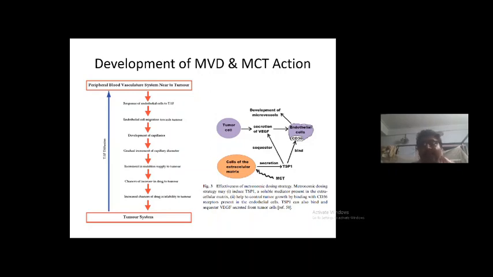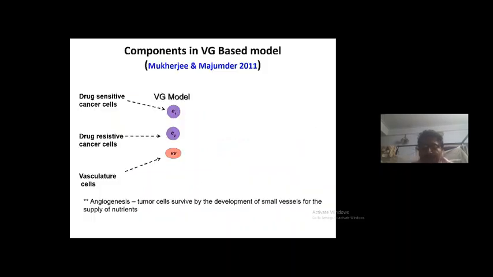This binding causes suppression of endothelial cell growth. Moreover, TSP1 also sequesters the VEGF, vascular endothelial growth factor, from the tumor cells. So if the microvessel cells have not developed, then tumor growth is not possible.